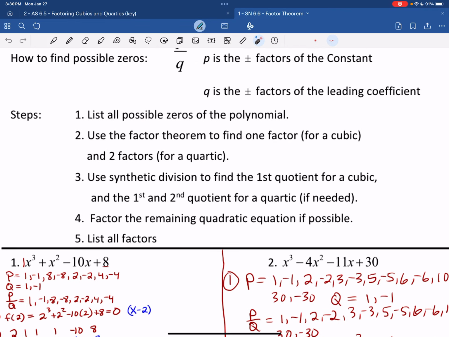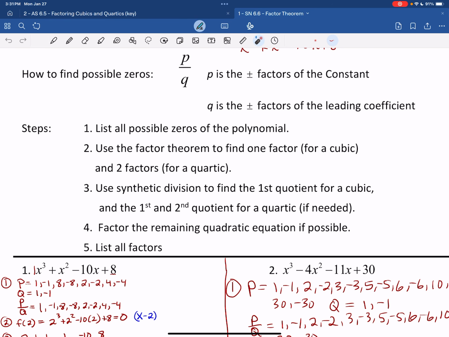Step number 1 was to find P and Q, then divide P over Q and find all the possible zeros, which I should actually call rational zeros. Then we use the factor theorem to find one factor for a cubic or two factors for a quartic.